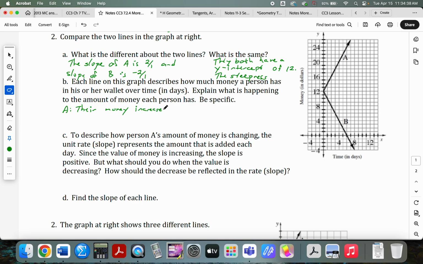Person B is losing $2 each day. Yeah, for B, their money is decreasing by $2 each day.